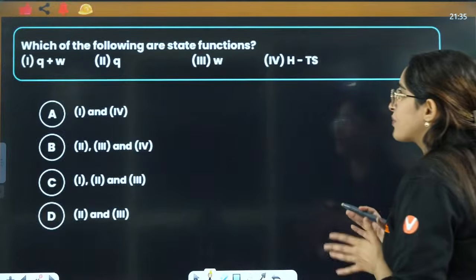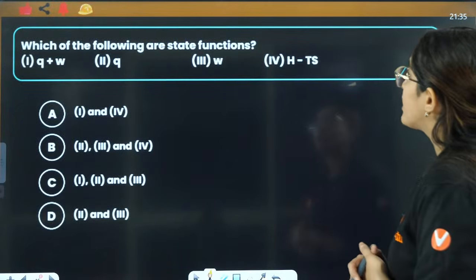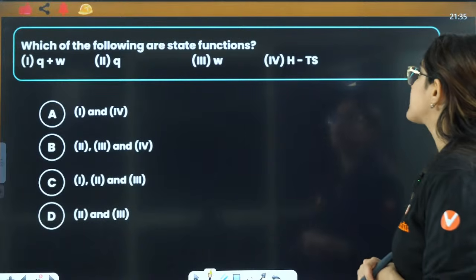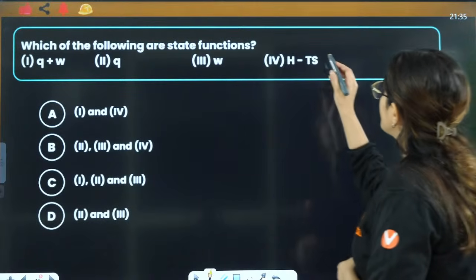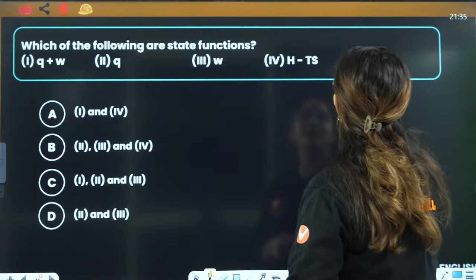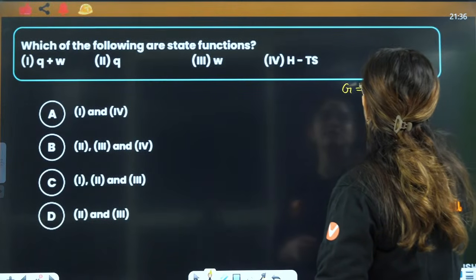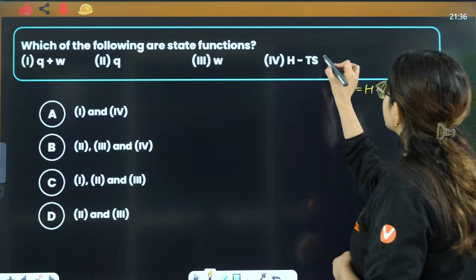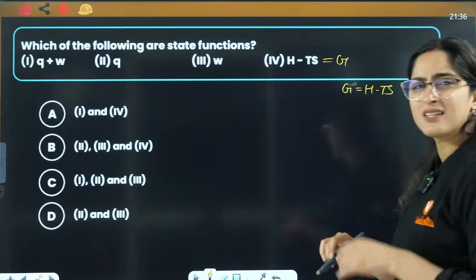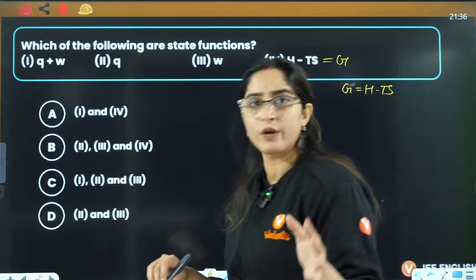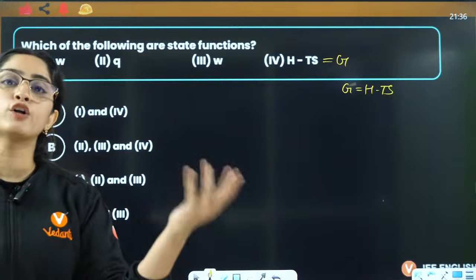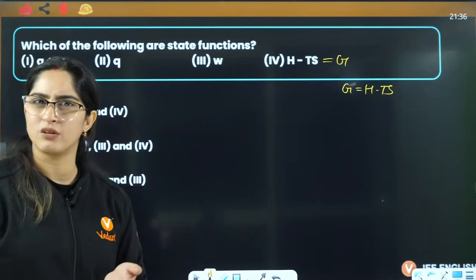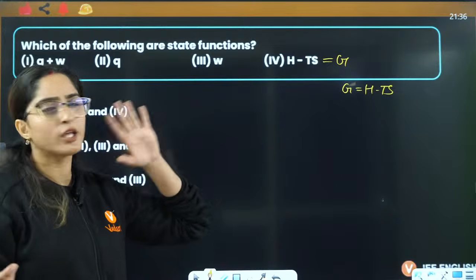Now let's see this very simple question. Which of the following are state functions? So state functions are what? If you must know, there is a formula that G is equal to H minus TS. So this is nothing but this, they are talking about G. This is actually the Gibbs-Helmholtz equation that we'll talk about later on in this chapter. I think Friday's lecture will be based on the Gibbs-Helmholtz equation.